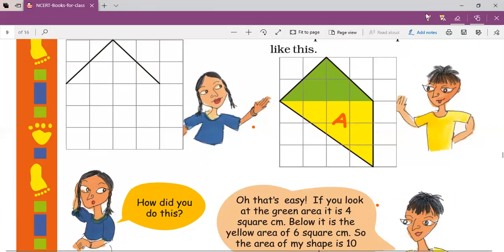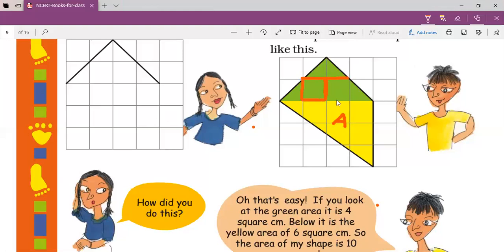What I told you before, to understand the area covered by a shape, we will do 4 things. First, we'll count the complete squares covered by that shape. You can see both of these areas are completely covered by the shape Suruchi had drawn.